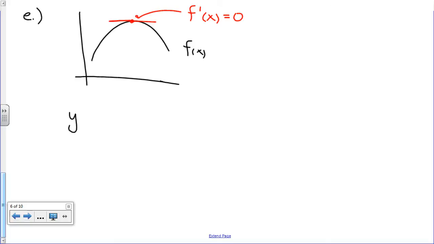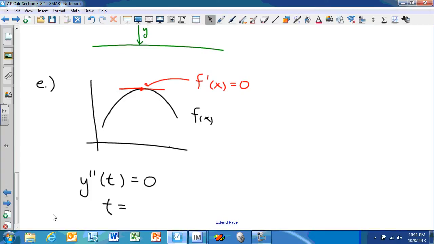So we need to find out when the derivative of the velocity, that's the second derivative in this case, is equal to 0. First derivative is velocity. I need to find out when the derivative of velocity is 0. And that's the work that you need to write down. You could go through and find this value algebraically, but I'd suggest that you use your calculator to help you do that. And so let's graph this and find out when the second derivative is 0.